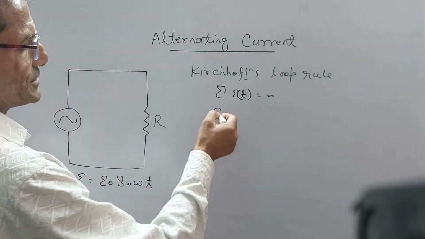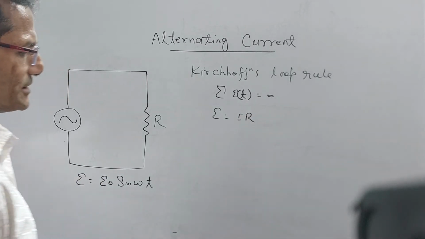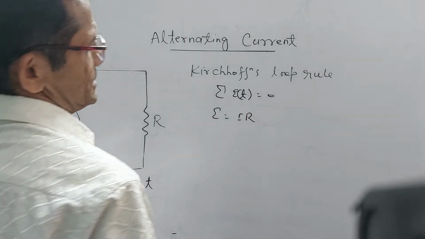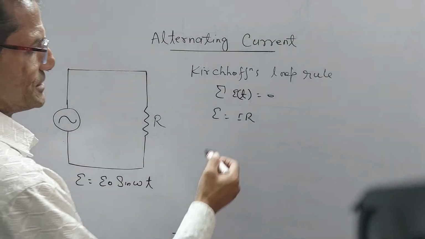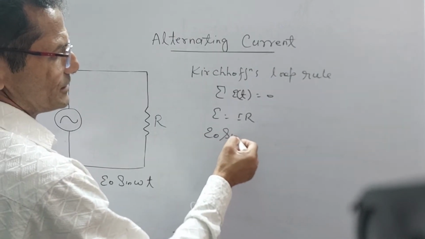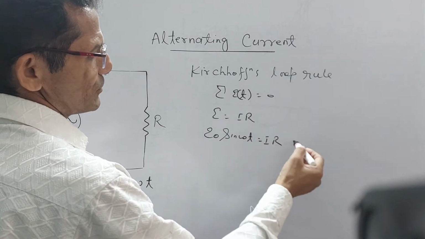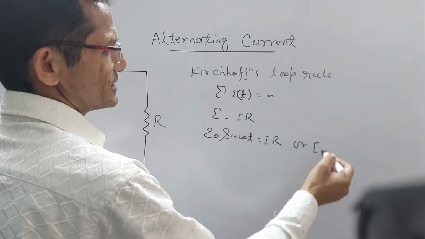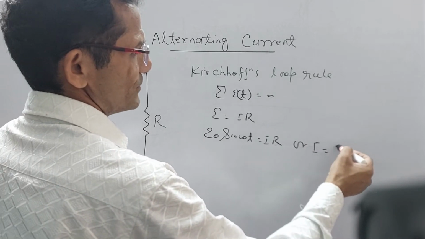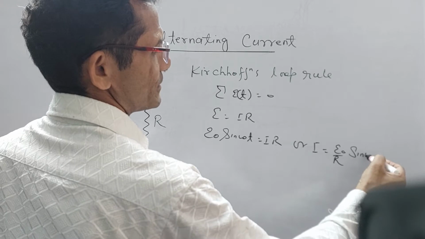That's why E is equal to IR, where I is the current in the circuit when there is a resistance. If I put the value, E naught sine omega t is equal to I into R. From here we will get the value of I, which is E naught divided by R sine omega t.